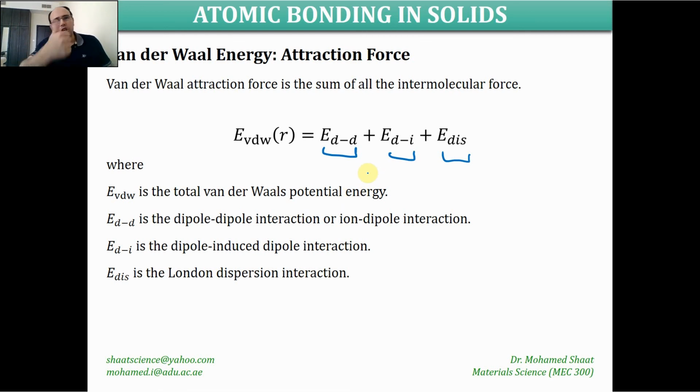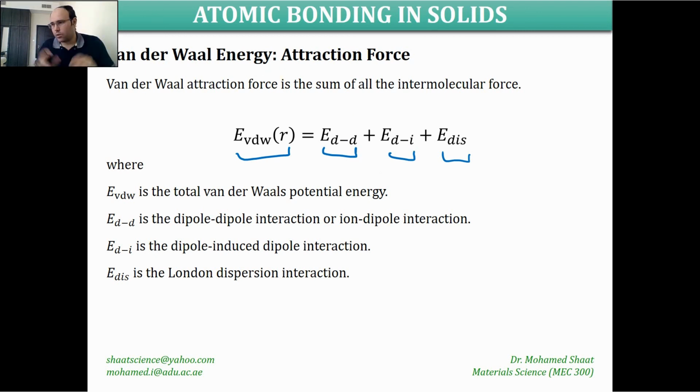Also, we do have Dipole-Induced Dipole. So that's why D stands for Dipole, I stands for Induced Dipole interaction energy. We do have the dispersion, which is London dispersion, which is induced dipole interaction. So the sum of these energies is known as the van der Waals energy or van der Waals attraction force.